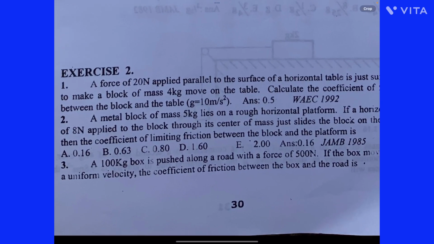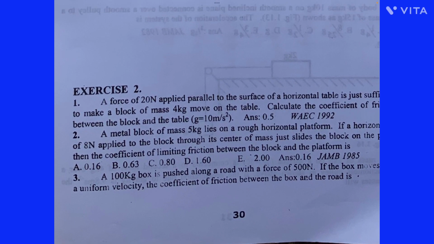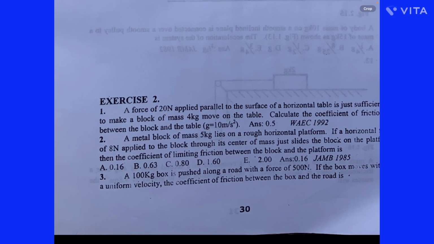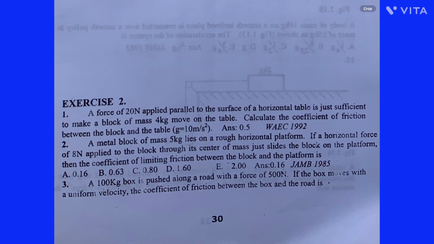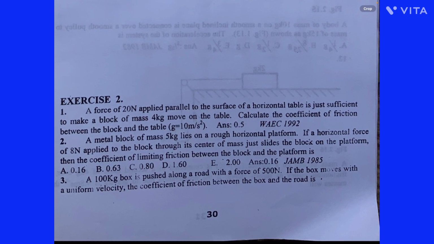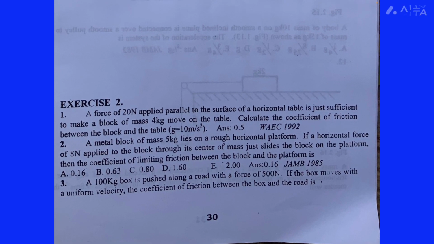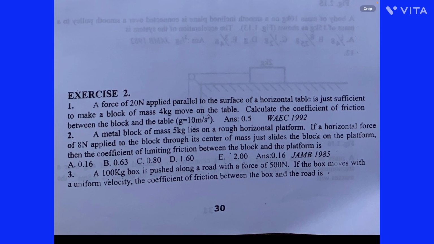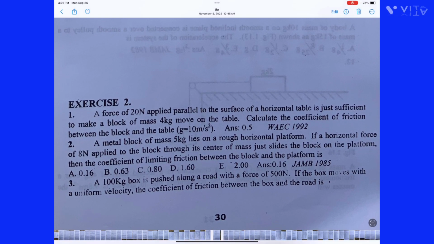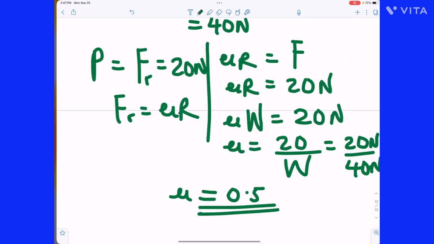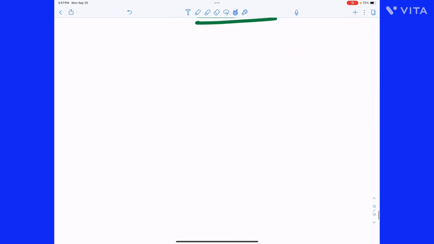Friction is easy once you know the technique. The second question says a metal block of mass 5 kg lies on a horizontal platform. If a horizontal force of 8 Newton applied to the block through its center of mass just slides the block on the platform, then the coefficient of limiting friction is... this is the same as number 1.